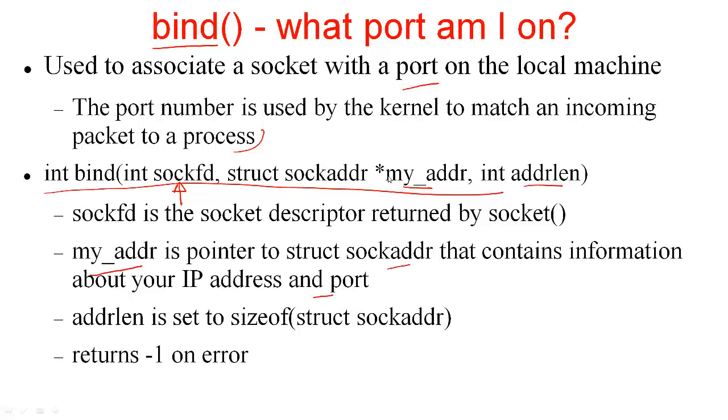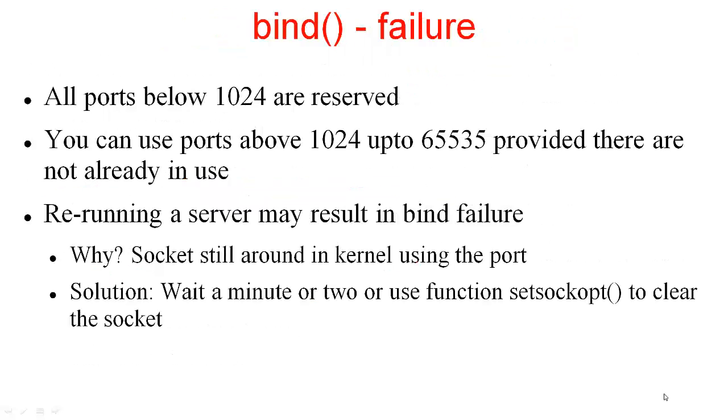And this address length is nothing but the size of this particular structure. Again, when you call bind, if it was successful, it will return a 0, otherwise it will return -1.